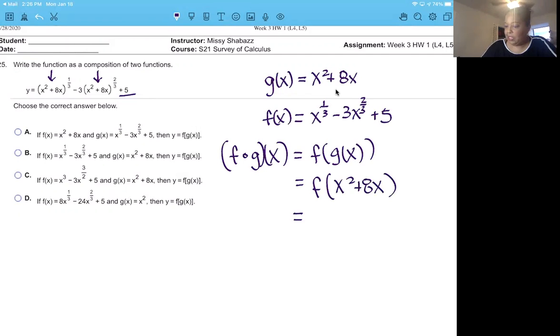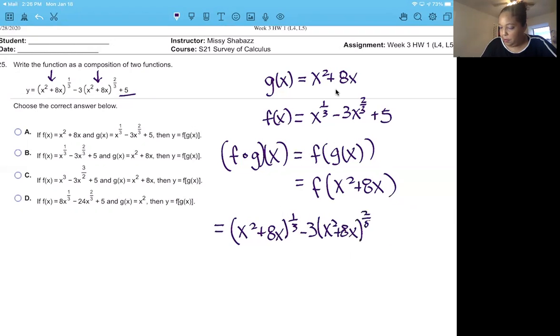If I plug x squared plus 8x into x to the 1/3, I get x squared plus 8x to the 1/3 minus 3 times x squared plus 8x, I'm out of room. Let's move this over. To the 2/3, whoops, plus 5. So I get that back.